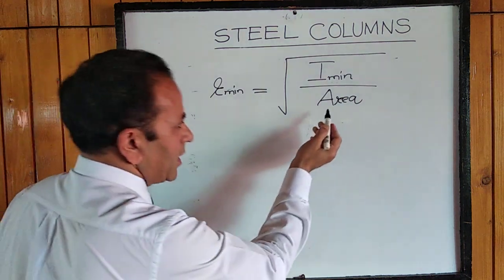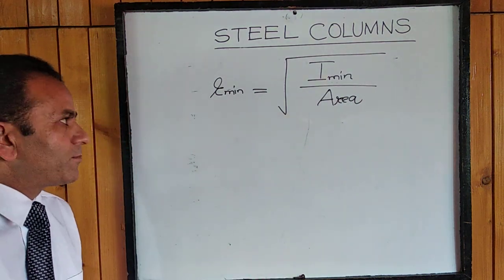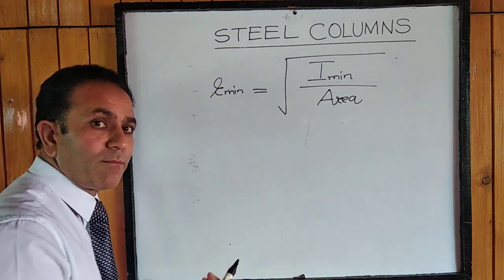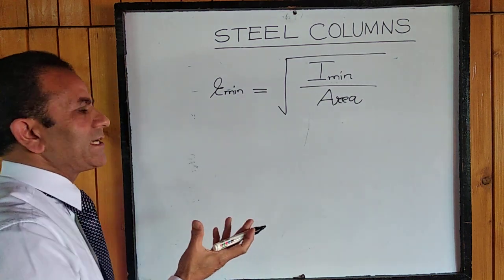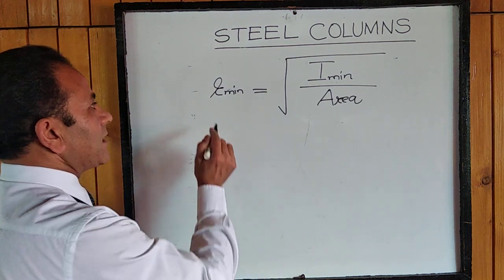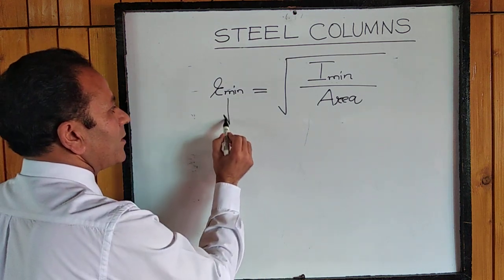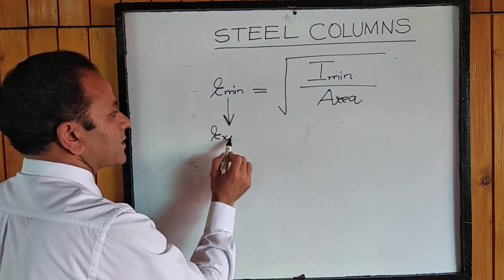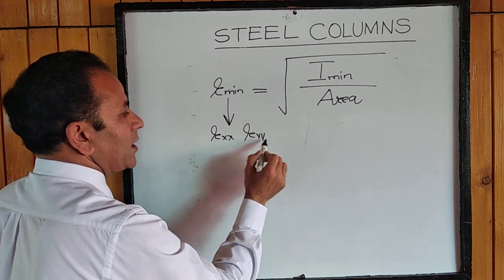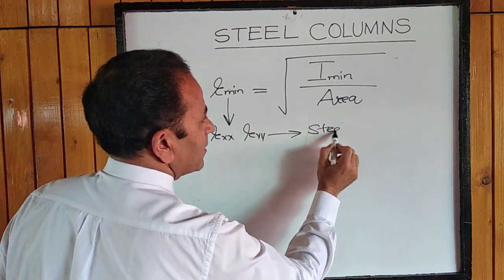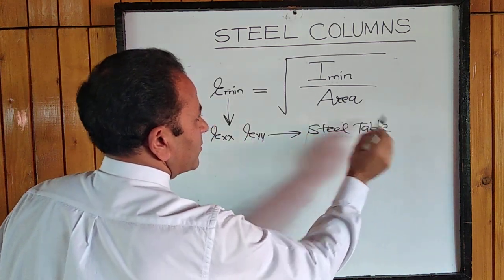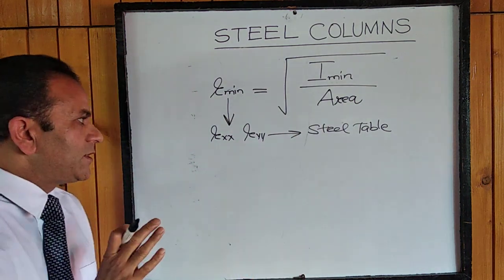Now, the area we know; the area of the member we can obtain from the steel table. If it is a single member, if we are using a single I section or a channel section as the column, we have r_xx values and r_yy values available in the steel table. For an individual member, we have these values available.